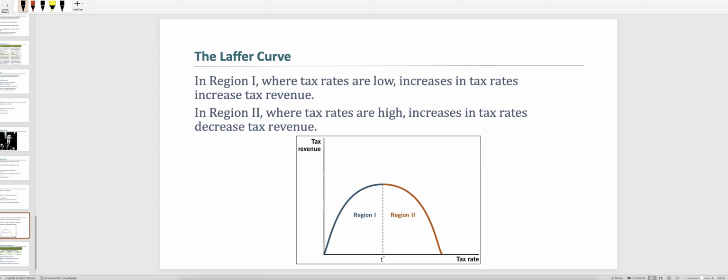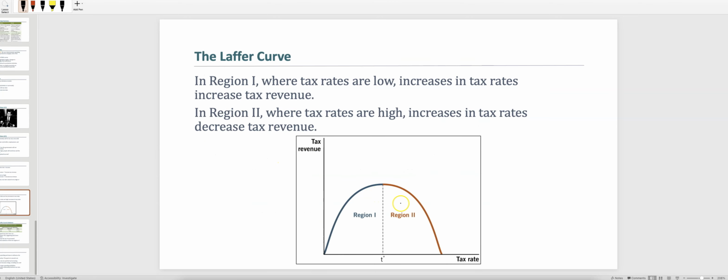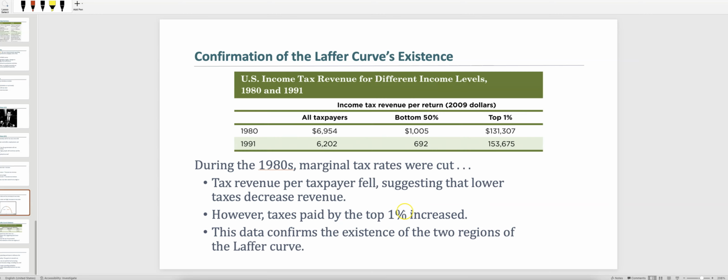So I don't immediately agree with those who say that all of this was politically generated. We have enough evidence, at least from 1980 to 1991, that does suggest that this is true. But again, I don't see any clear evidence of where we are on the Laffer curve, whether we are in region 1 or 2.